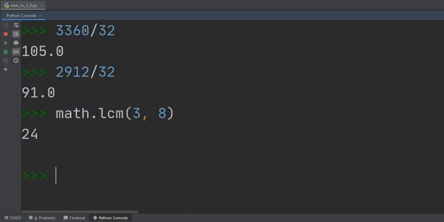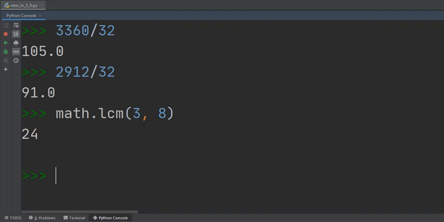Well, let's find out. It is, in fact, 24, and that makes sense, right? Because if you kept counting up by 3s, you'd get to 24. Counting up by 8s, you'd get to 24, and in fact, that's the lowest number that's common between those 2 sequences. And guess what?